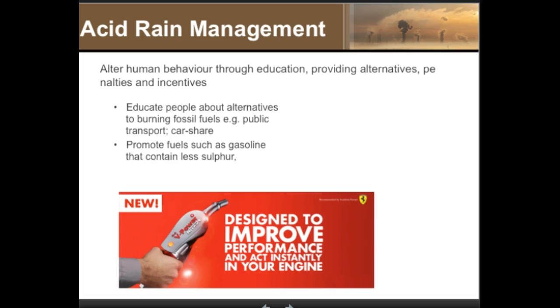So for acid rain, the first thing, if we're going to change people's behavior, we can educate people about alternatives to burning fossil fuels. So encourage them to use public transport, let them know where that public transport runs from, how much it costs, give them incentives to use it, and then promote fuels such as gasoline that contains less sulfur. So here's one that's Shell V-Power, and they advertise it as being powerful.